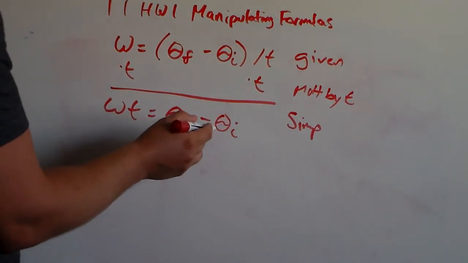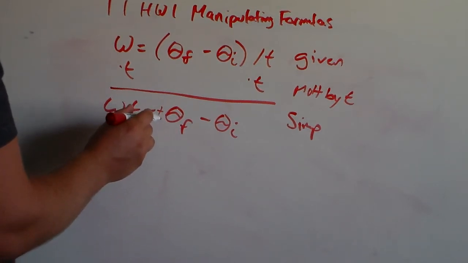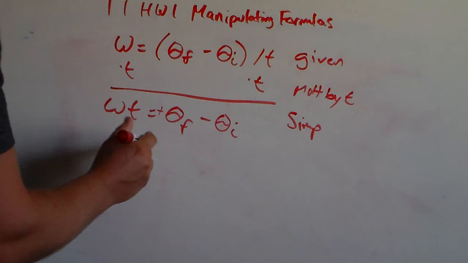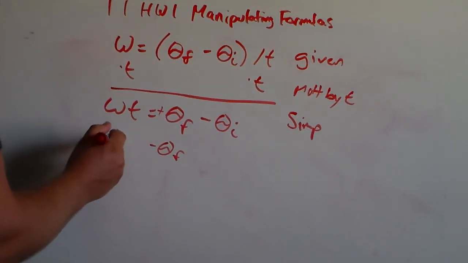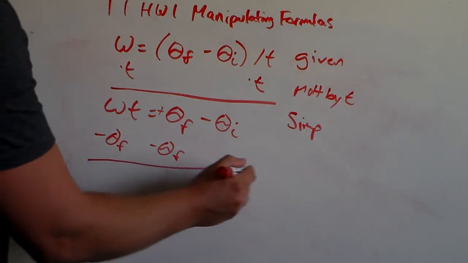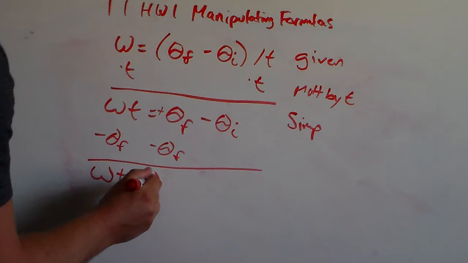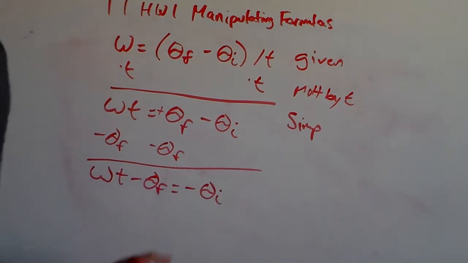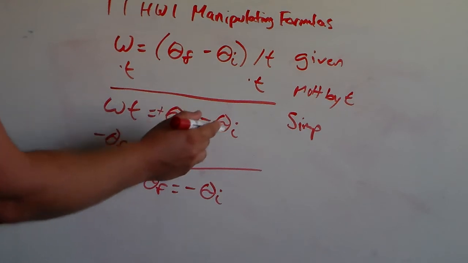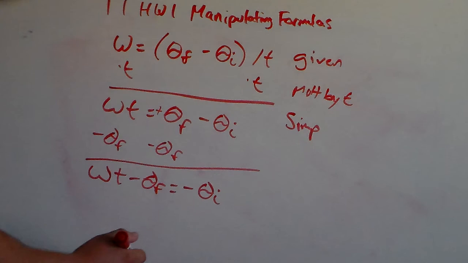Next up, remember our goal is to get theta I by itself. Remember there's an imaginary plus sign in front of that theta F. So we're going to subtract theta F, that theta final, from both sides of the equation. So we're going to have wt minus theta F equals negative theta I. You got to carry down, that negative belongs with the theta I. Now, we have to get rid of that negative.